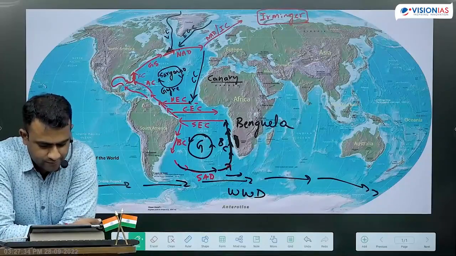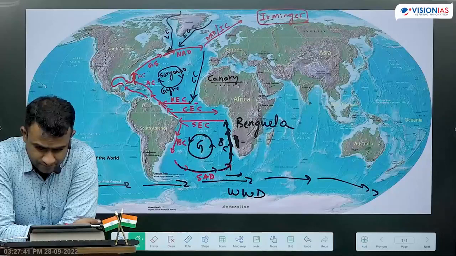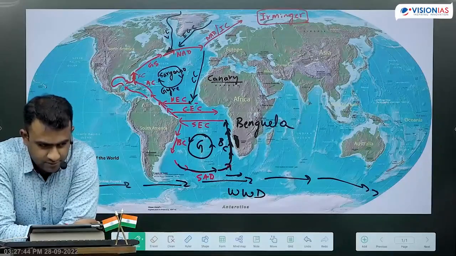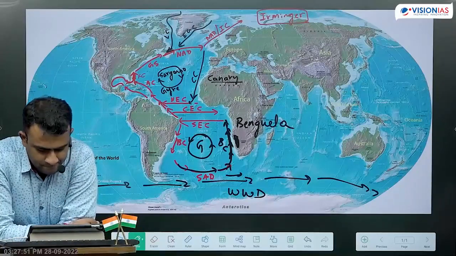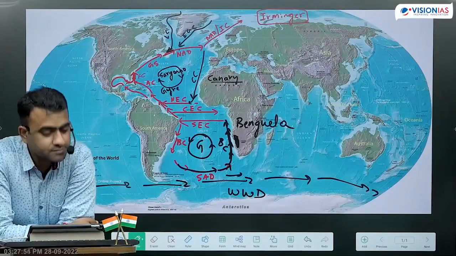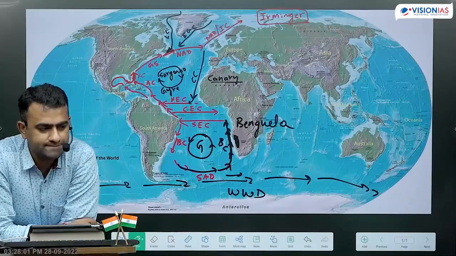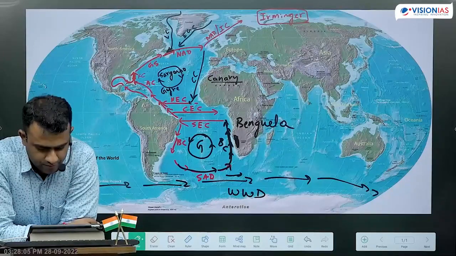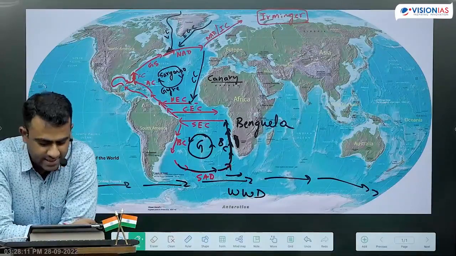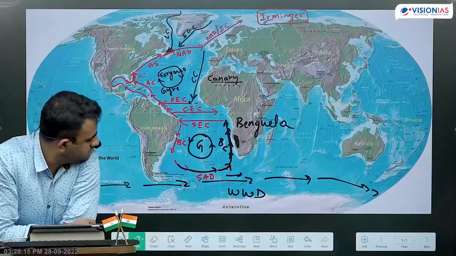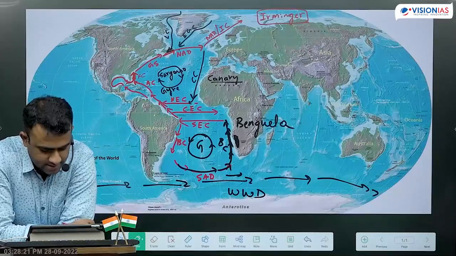The southern branch of, first point, the southern branch of South Equatorial Current, SEC, moves along the coast of Brazil as Brazilian current.